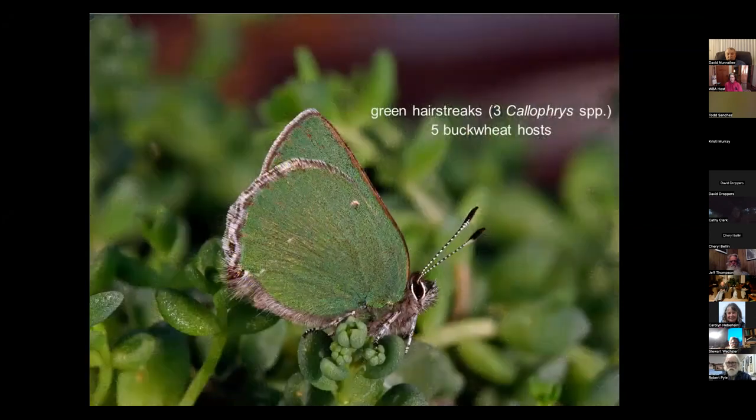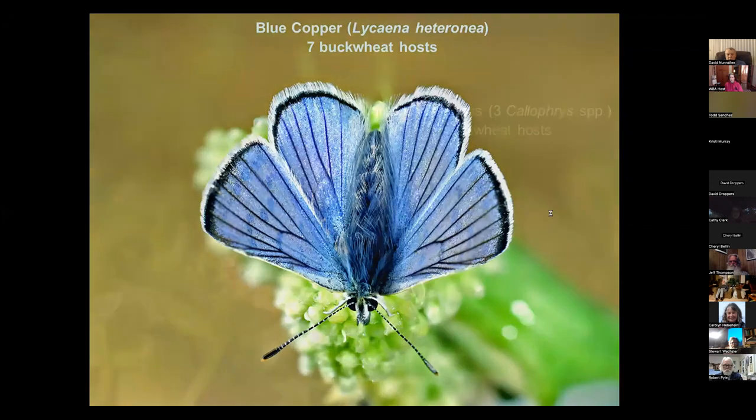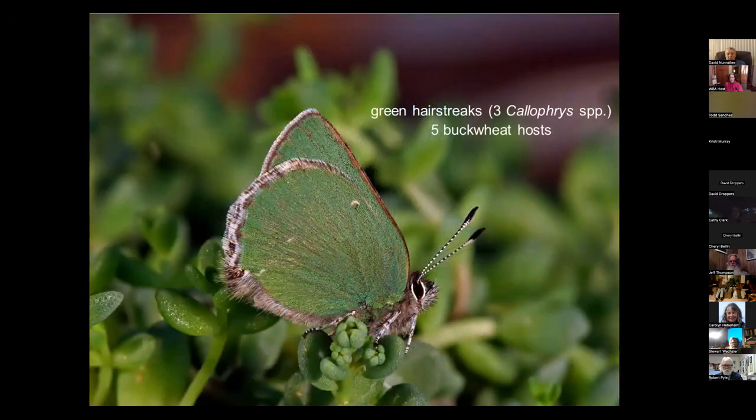Of those genera that use buckwheats for their host plant, we have the green hairstreaks, Callophrys. We have 3 species of Callophrys, which use a combined total of 5 buckwheat hosts.